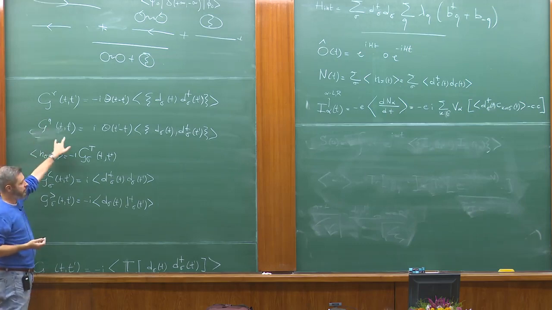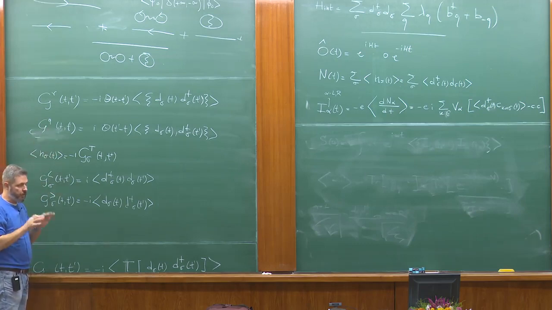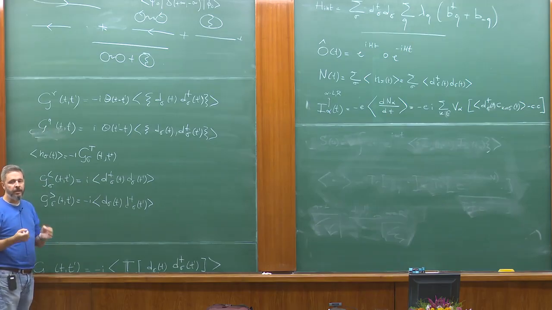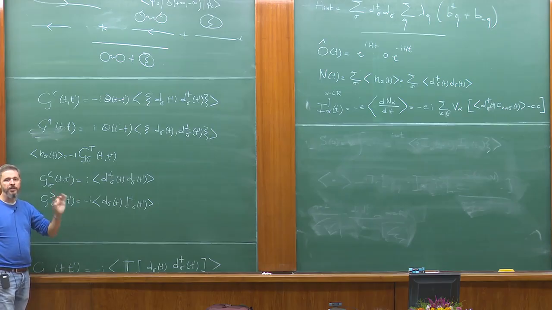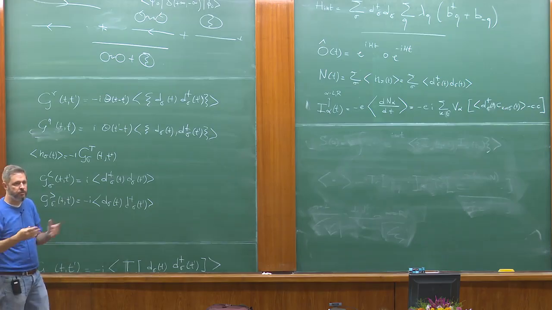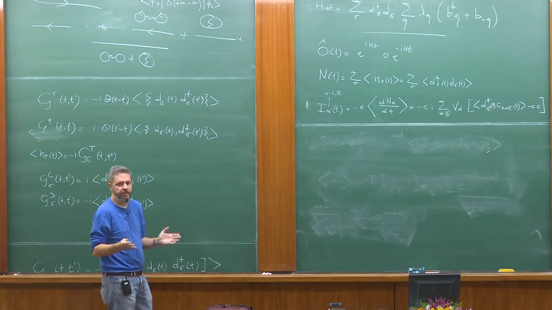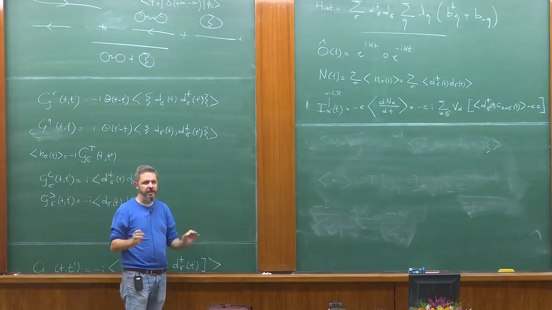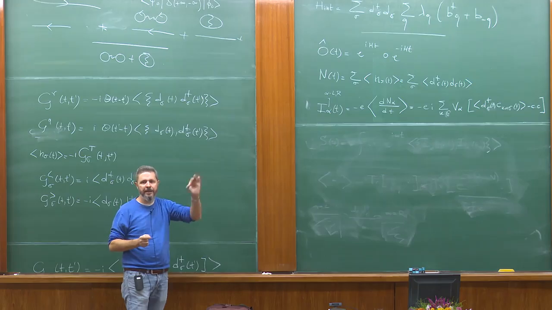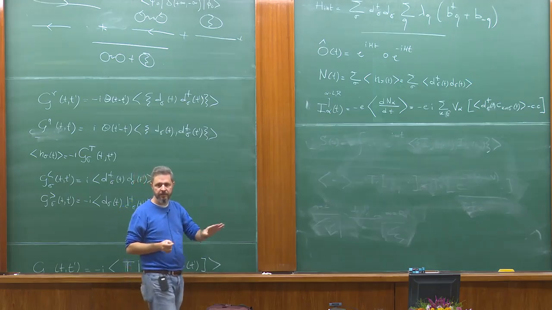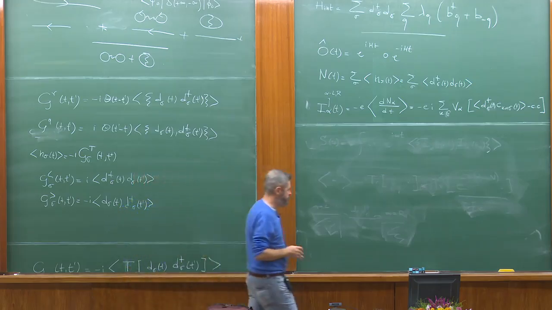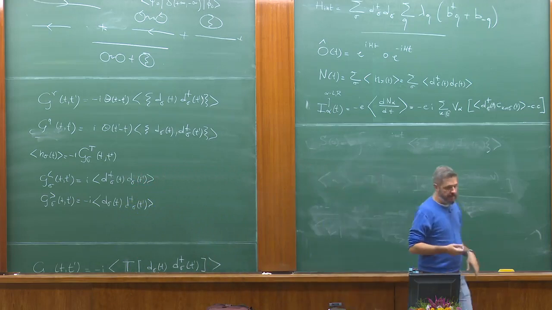The reason is that when you are in equilibrium, the only thing you want to know about your system is the spectrum. How the spectrum is occupied is dictated by statistical mechanics: Fermi distribution, Bose-Einstein distribution, Gibbs distribution. Statistical mechanics tells you to put that many particles on average there.